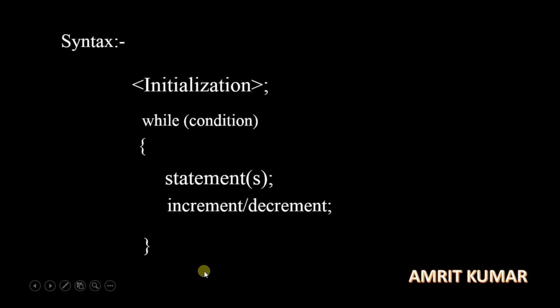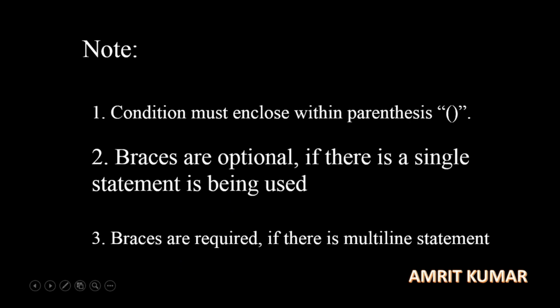So the condition must be included within the parentheses, and that is an important point. Braces are optional if there is a single line statement, and in a multi-line statement you must use braces. Braces are required if there is a multi-line statement. Now, moving on to the for loop.